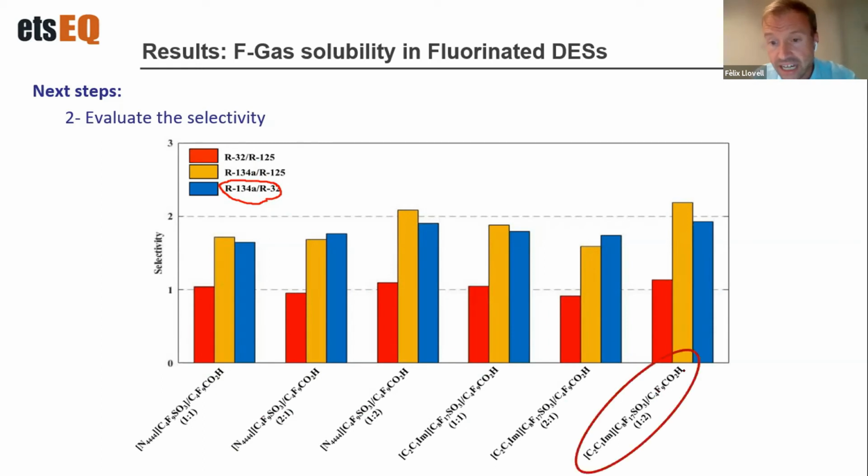We can see that for this one, the 1-2, even though the absorption is slightly lower, the selectivity is quite high, reaching a value of 2, becoming a promising option for fluorinated gases selectivity and separation.